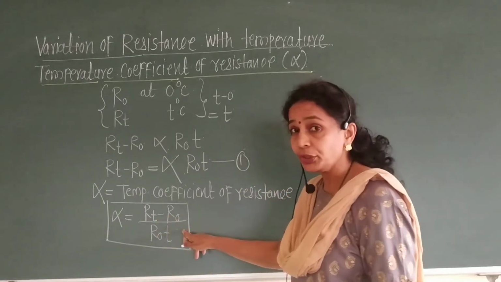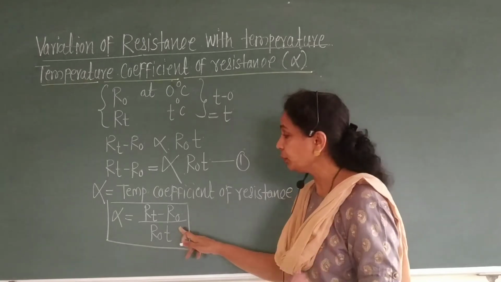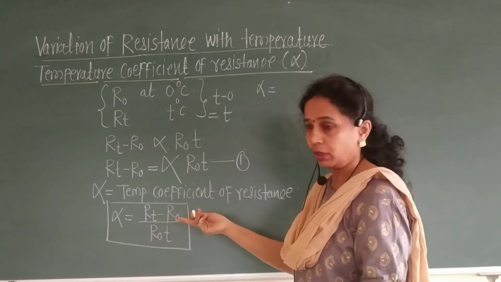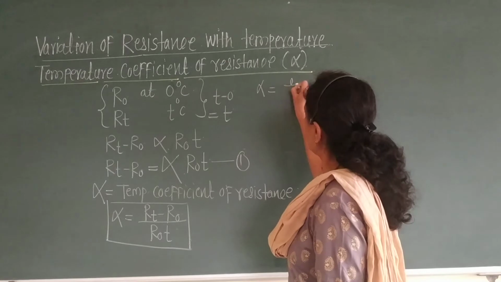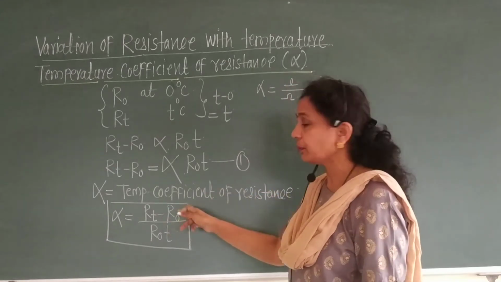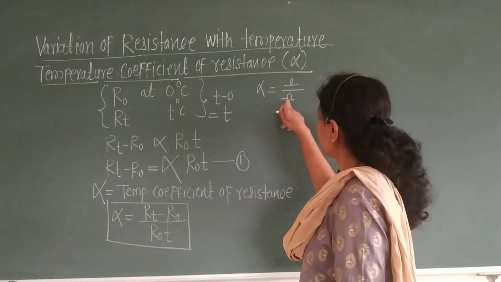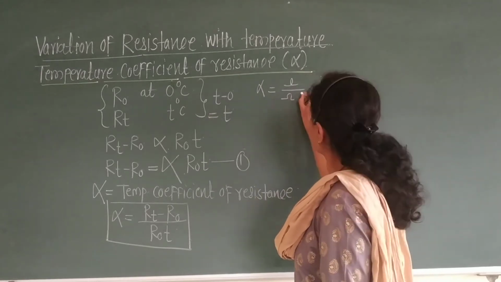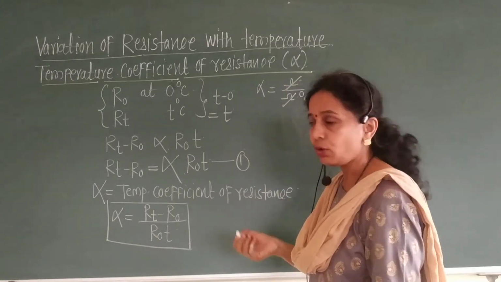Then what is the unit of alpha? It is a physical quantity, and what is its unit then? See this, unit of alpha is equal to RT minus R0, which is ohm. Ohm minus ohm, therefore it is ohm. So the numerator has the unit ohm, and the denominator has the unit ohm, because RT minus R naught is measured in ohm, and R naught is measured in ohm into T. T is temperature, therefore it is degree Celsius. Therefore ohm gets cancelled with this ohm.